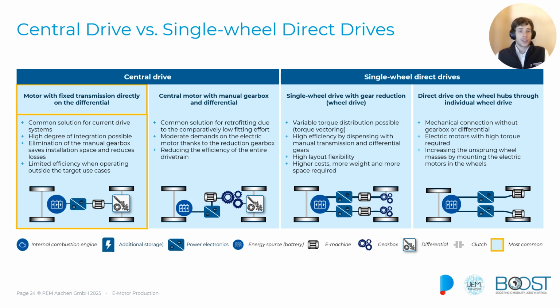There are some startups that work on direct-to-wheel applications, for example with wheel hub motors, where the rim works directly as the rotor. But from today's perspective, it is not expected to be successful.